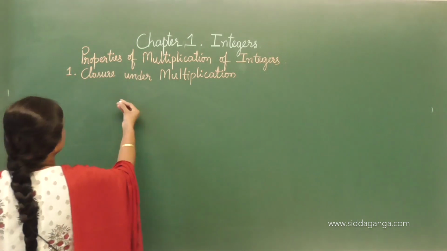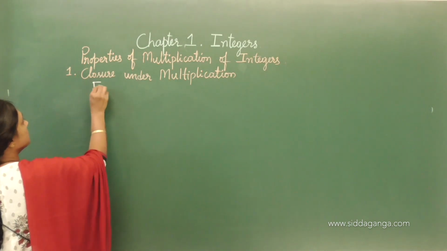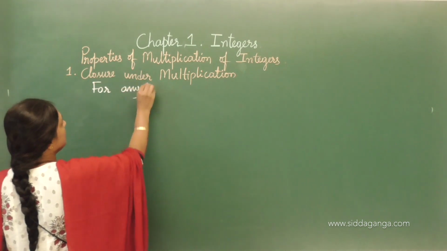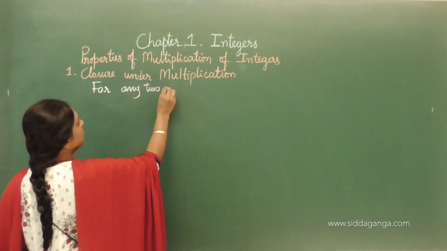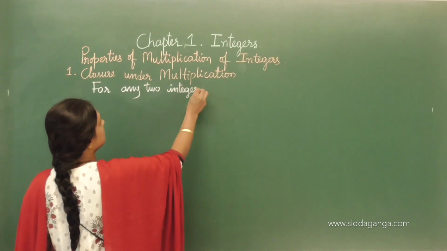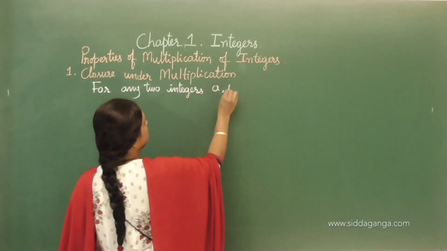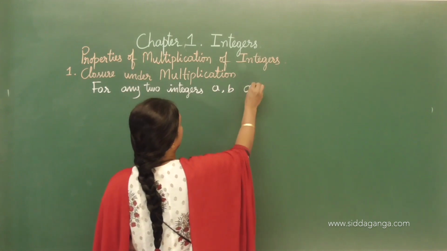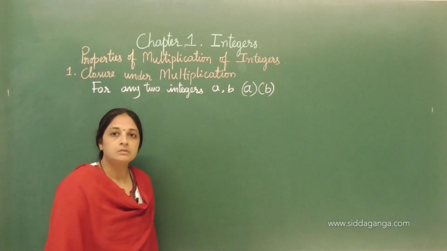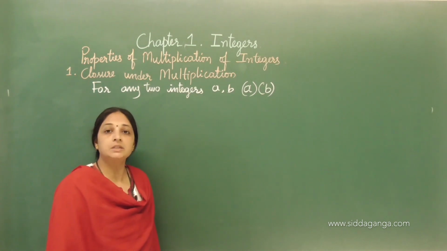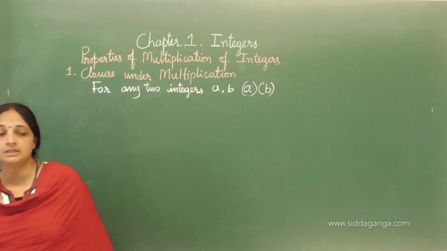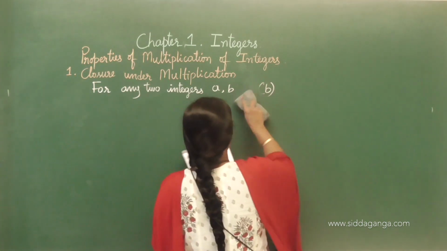The condition is, for any two integers a, b, a into b. When we put brackets, it's considered as multiplication, a into b. Otherwise, we can write it like this, a into b.